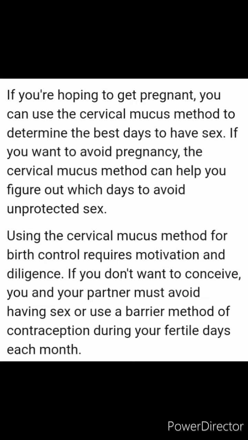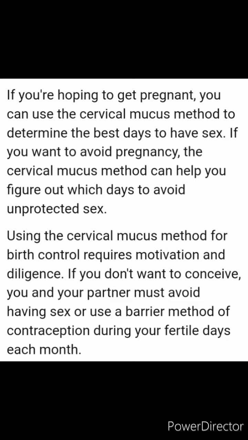To be clear, using the cervical mucus method for birth control requires motivation and diligence. If you don't want to conceive, you and your partner must avoid having sex or use a barrier method of contraception during your fertile days each month.